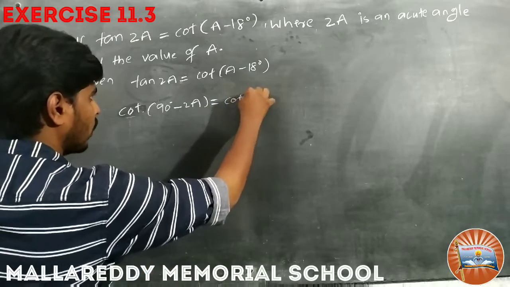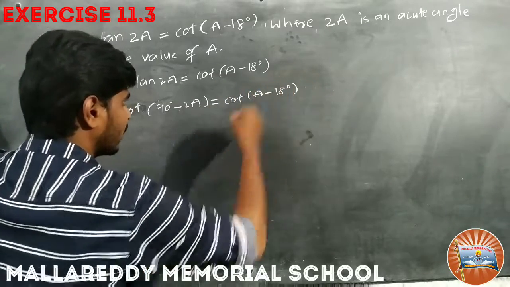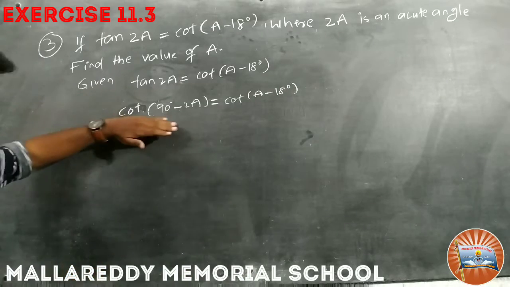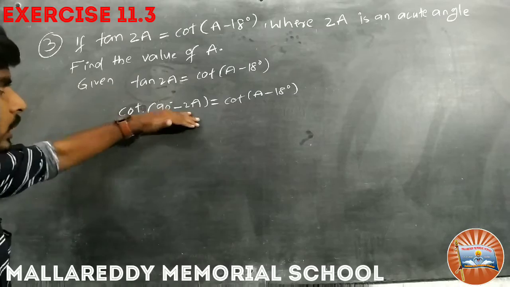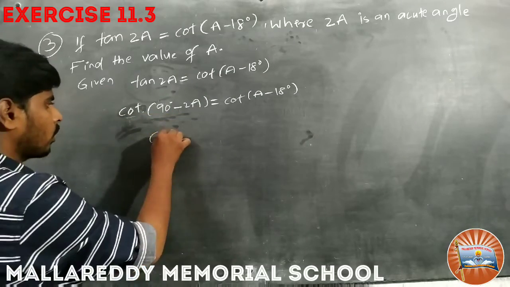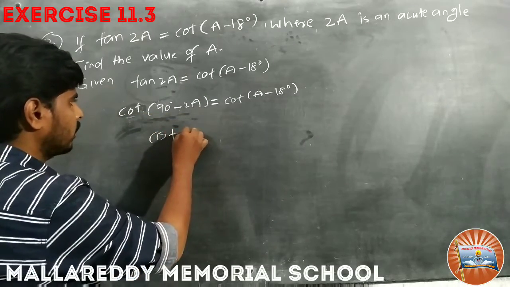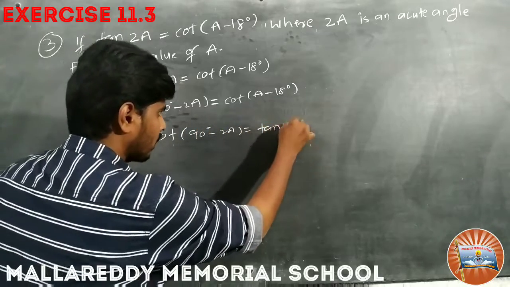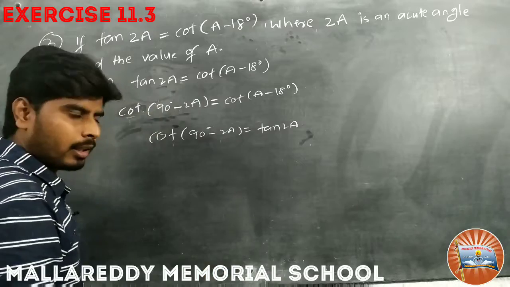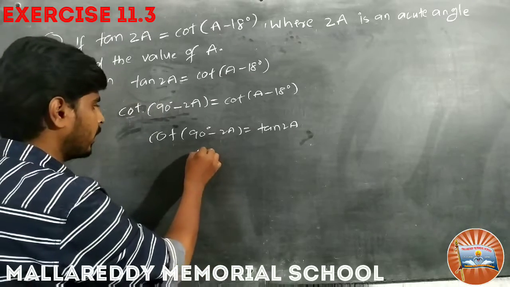This we can write as cot(a minus 18 degrees), because look at here, ma, did you get this or not? Right, tan 2a we can write as cot(90 minus 2a), because cot(90 degrees minus 2a) we can write again as tan 2a, isn't it? Is this right?